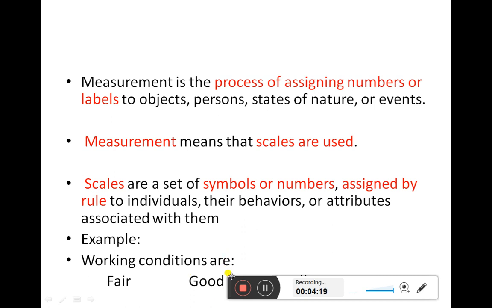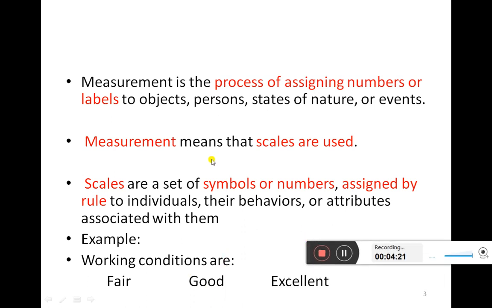Now, according to some bookish definitions, let me first highlight what the definition of measurement is. Measurement is the process of assigning numbers or labels to objects, persons, states of nature or events. Focus on this: measurement is a process of assigning numbers.